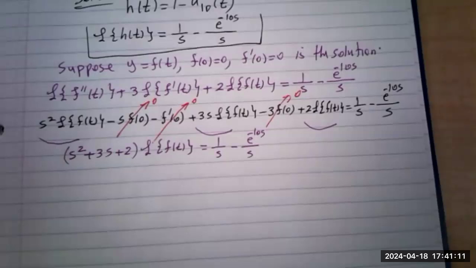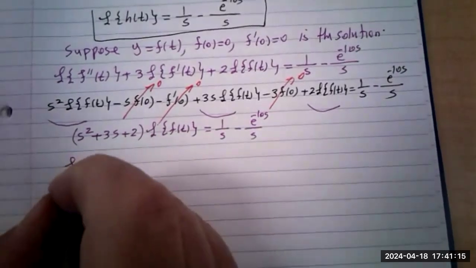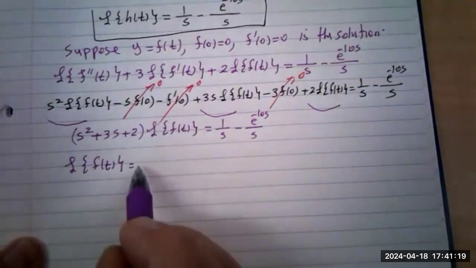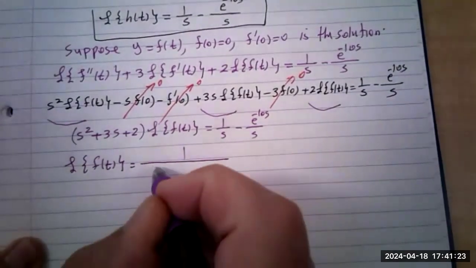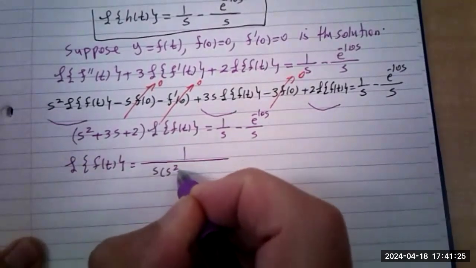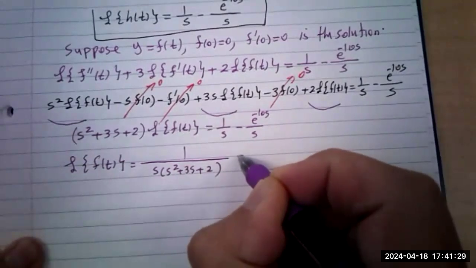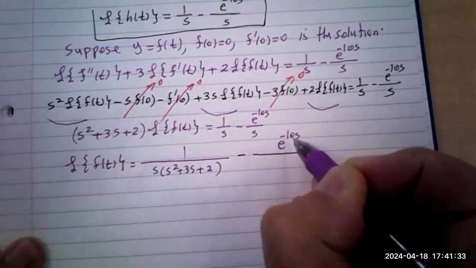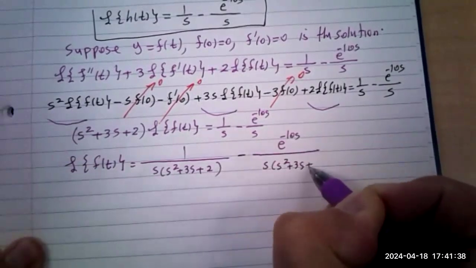So that's it, divide and then continue. So the Laplace of f(t) is equal to 1 over s times (s squared plus 3s plus 2). See, that will be repeated here again: e to the negative 10s over s times (s squared plus 3s plus 2).